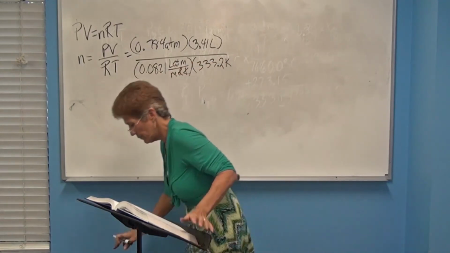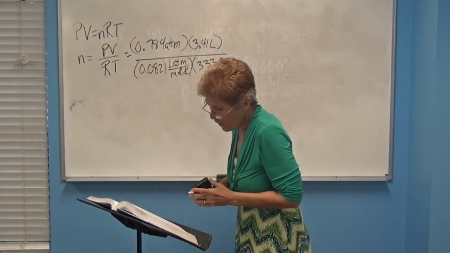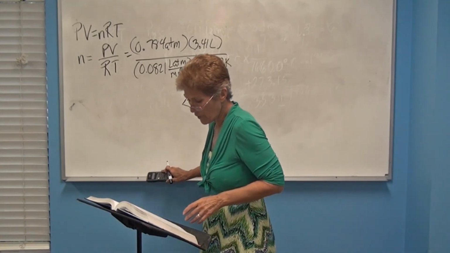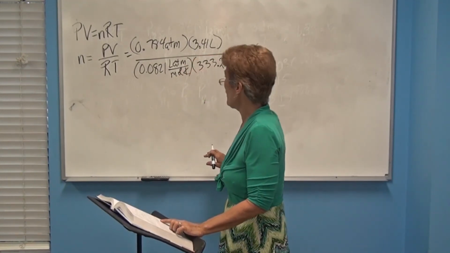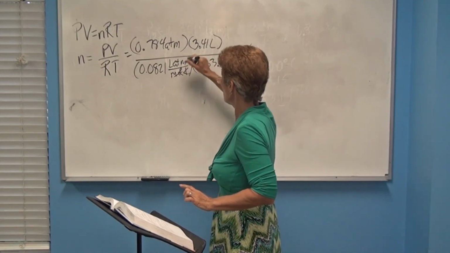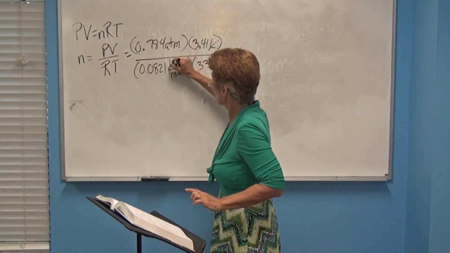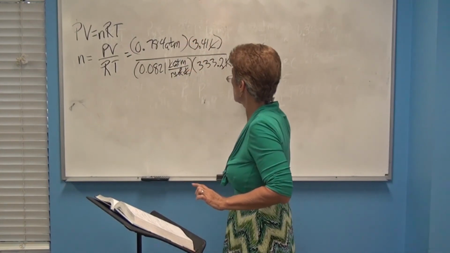There we go. And so, poor calculator. Once you have all that, the moles will actually be left. The Kelvin goes, the liters go, the atmospheres go, the moles is what's left.